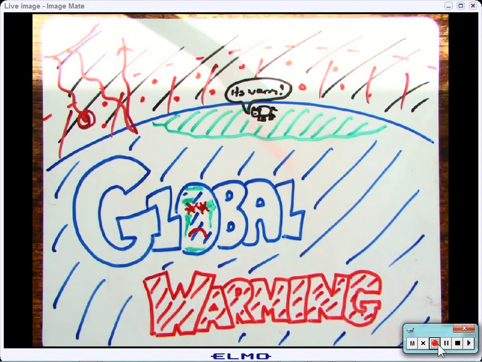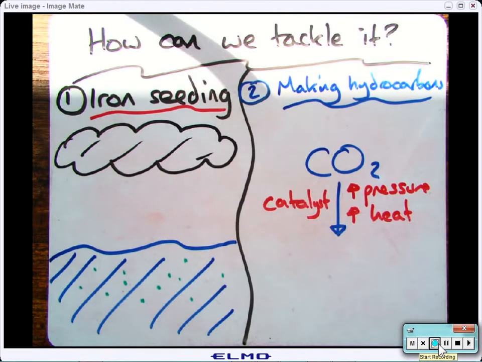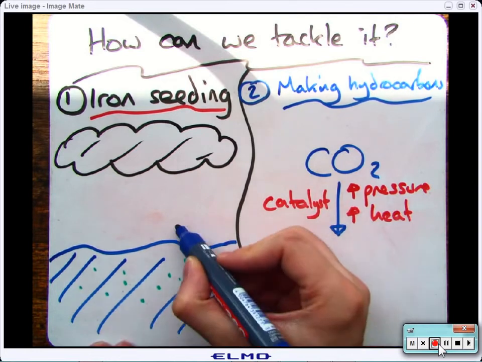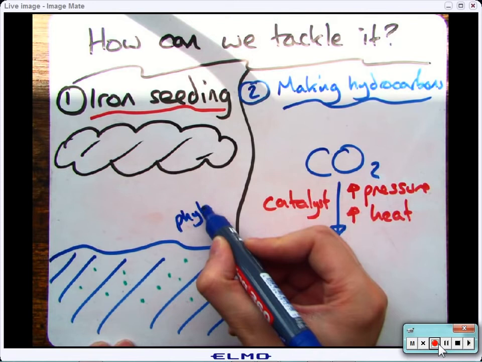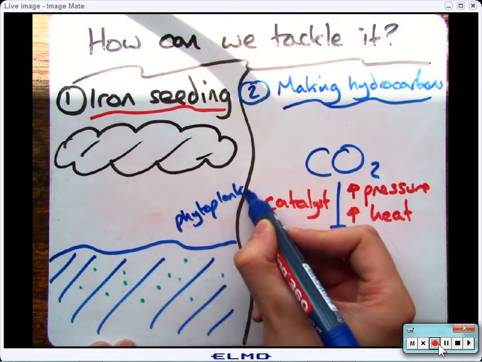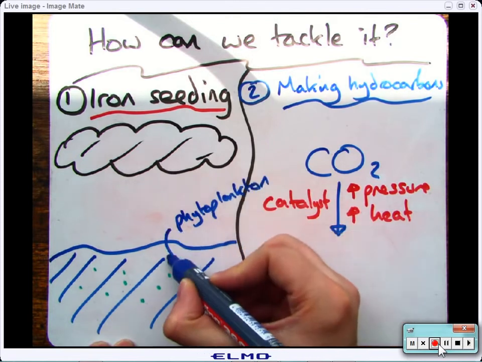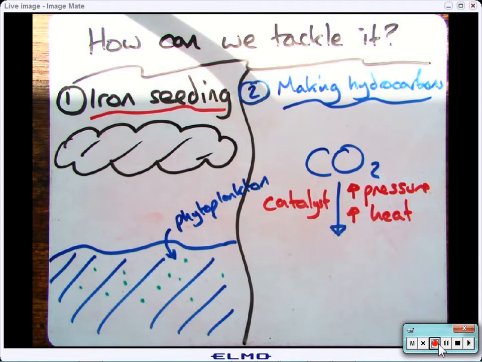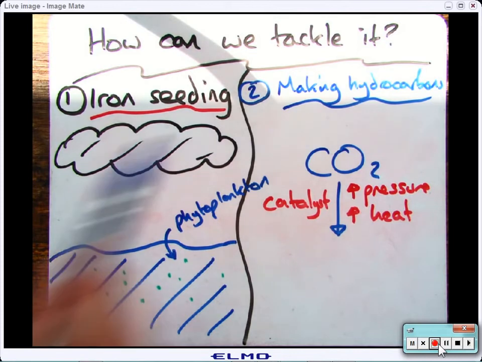What we need to know about now is what we're doing to prevent it. So there are two ways that we can reduce the amount of carbon dioxide in the atmosphere. The first one is iron seeding. Now, in our oceans we have these small things called phytoplankton. What they do is they take in carbon dioxide, they photosynthesize and produce oxygen. So one of the ideas of scientists is iron seeding.